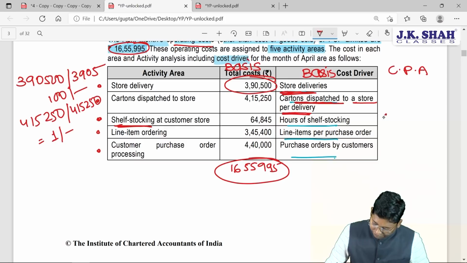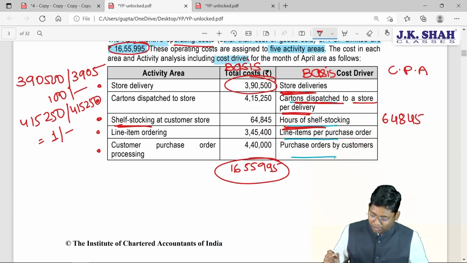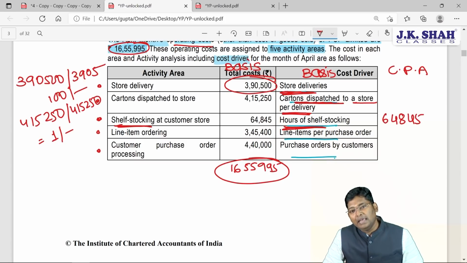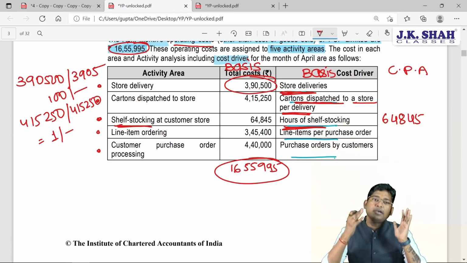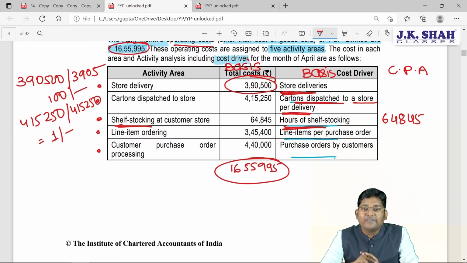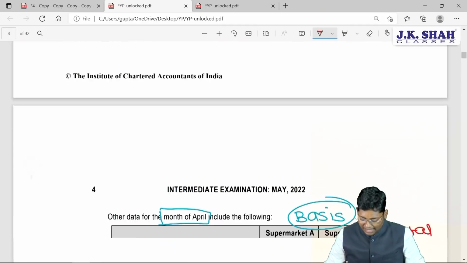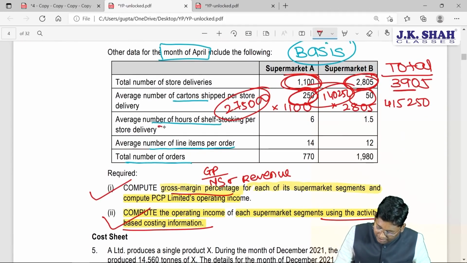Total amount to be bifurcated is 64,845. It is to be divided on the basis of number of hours of shelf stocking. Whenever you are performing the stocking activity, how many hours you have consumed, that we need to ascertain first. Now shelf stocking hours are available, and again these hours are given per delivery.